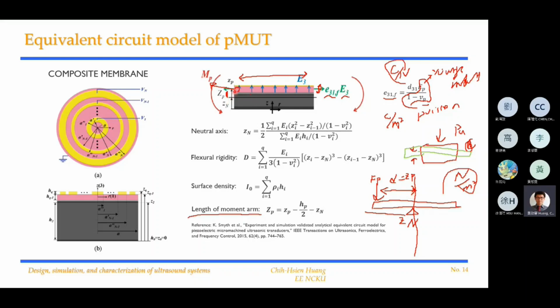If this arm is very short, then the output will typically be very small. That's why we usually have to find a balance between how thick the PMUT is, how thick the PZT thin film is, and also how thick the entire structure is.